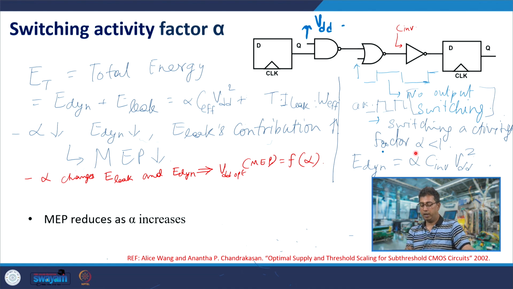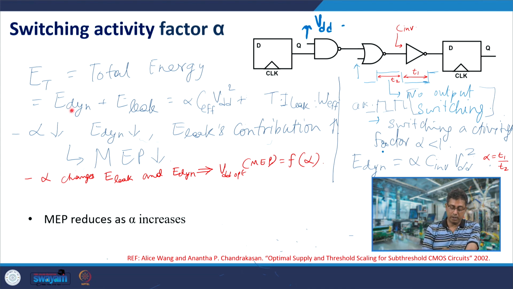So, if the ratio of this T1 and this T2 is taken, alpha would be T1 divided by T2. That is the ratio of clock cycles for which there would be switching at the inverter input. So, the switching activity factor for this inverter would turn out to be T1 by T2 in this example, and the dynamic energy would get multiplied by this switching activity factor alpha.